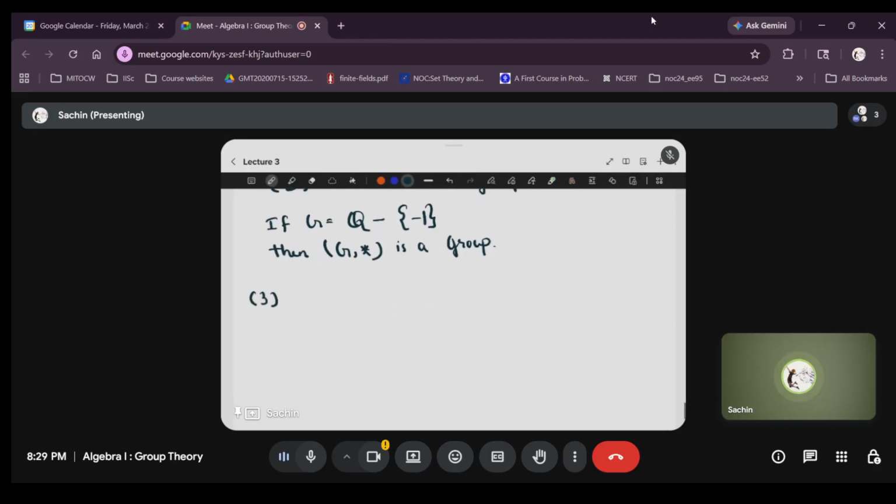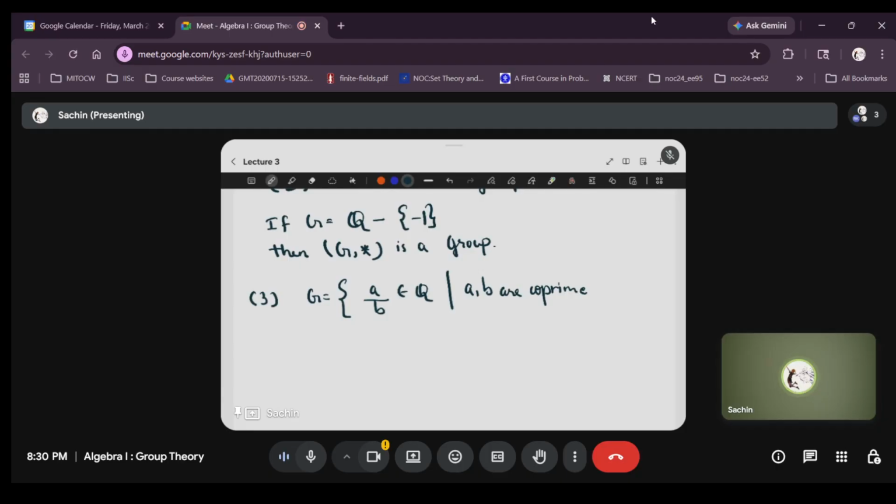The next one is, let G be the set A by B rational numbers such that A comma B are co-prime. That is, you write A by B in the lowest terms. You cancel out the common factors and then write it in the lowest possible terms.